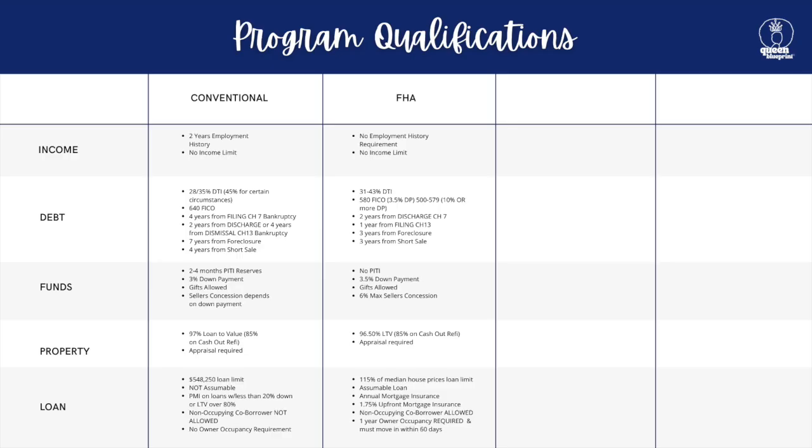AMI does not go away. The annual mortgage insurance on an FHA does not go away. It's there forever. That's why it's annual, right? And the PMI, private mortgage insurance on a conventional loan, you can pay that off, or you can pay it upfront.